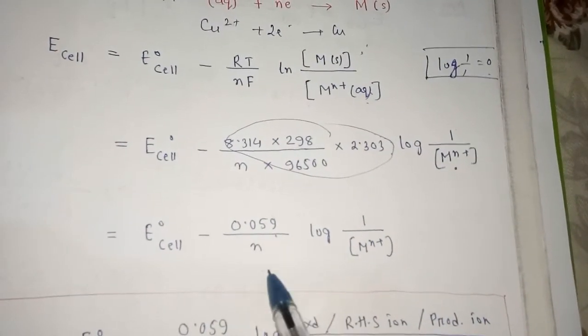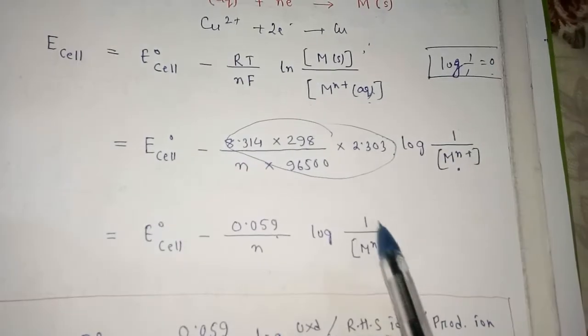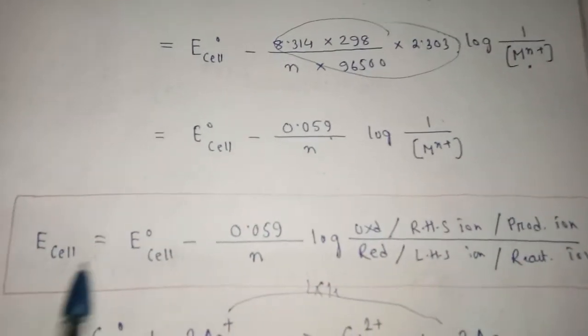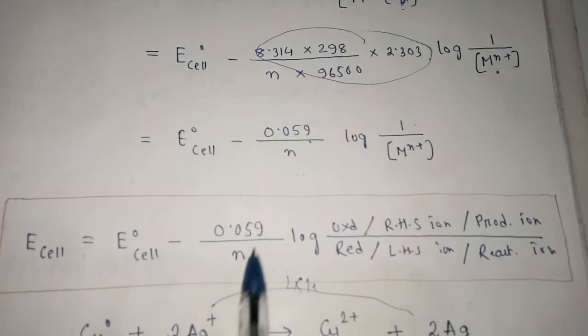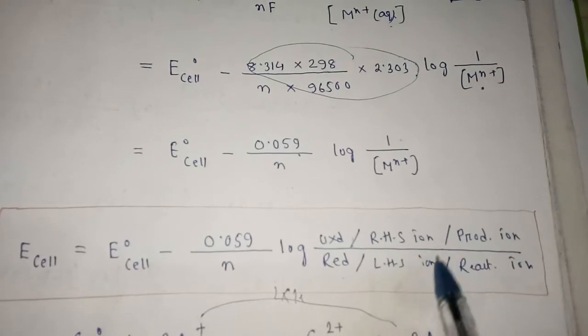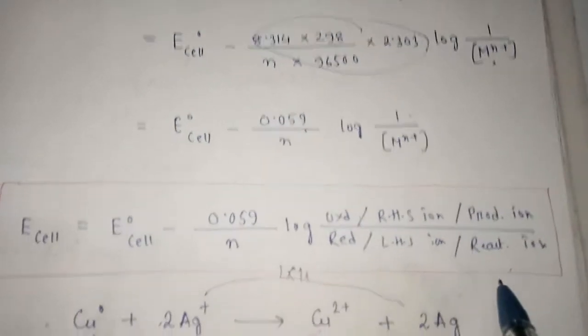This part you remember: E of cell equals E naught of cell minus 0.059 by n, log product ion by reactant ion, right hand side ion by left hand side ion.